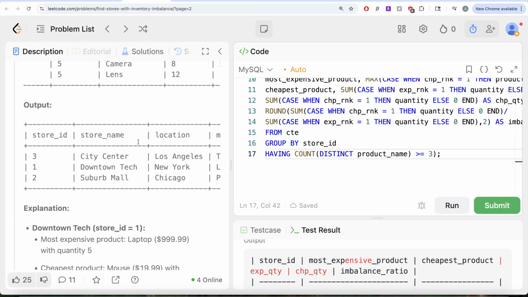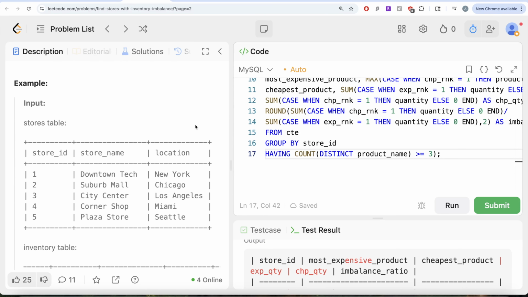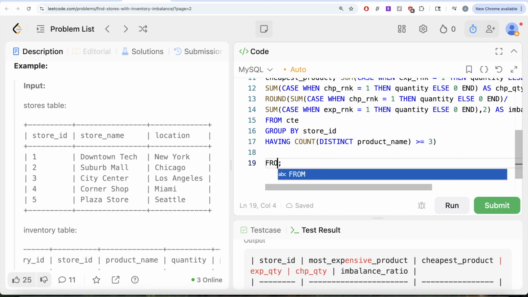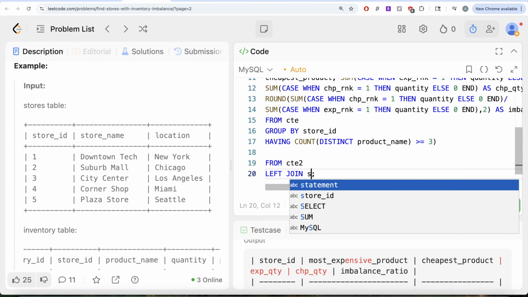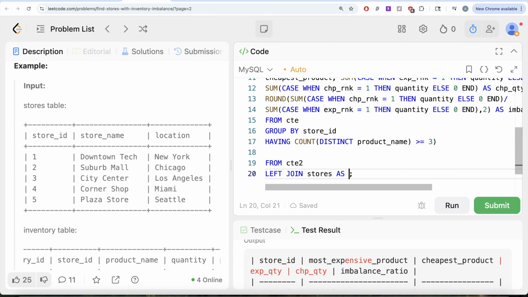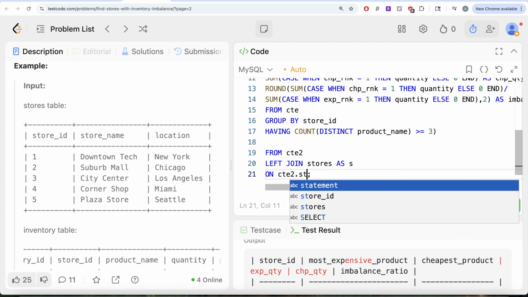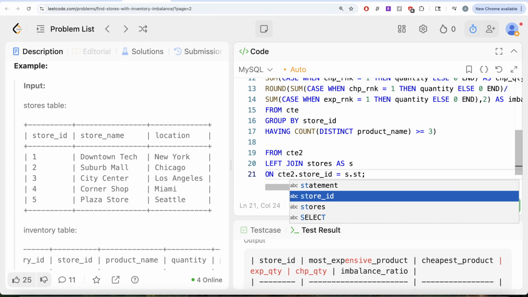So store ID, name, location, all these three columns come from the stores table. So you need to make sure we perform a join. From this common table expression 2, let us perform a left join of the stores table aliased as S on cte2.store_id equal to s.store_id.